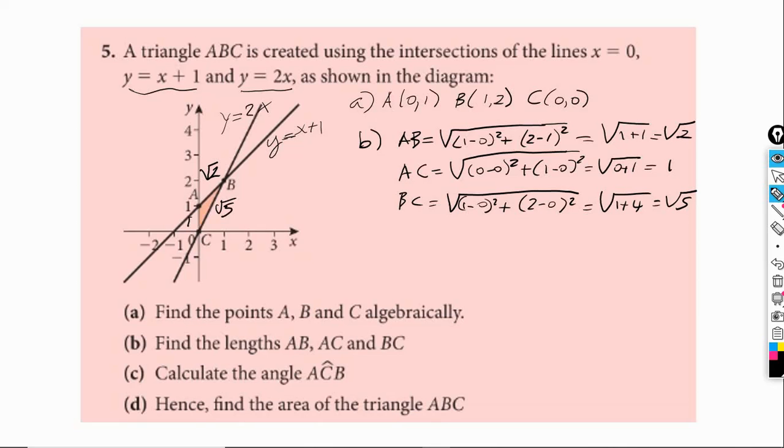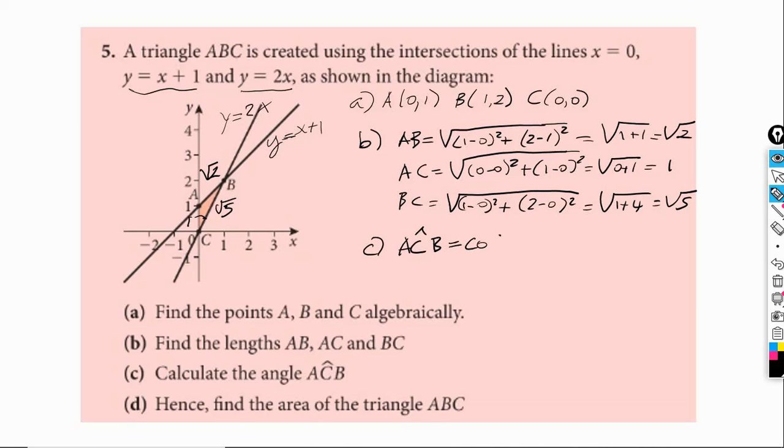Okay, so for part C, they want us to calculate the angle ACB. So that's this angle over here in this corner. Now, because we have the three lengths, we can use the cosine rule for this, right?